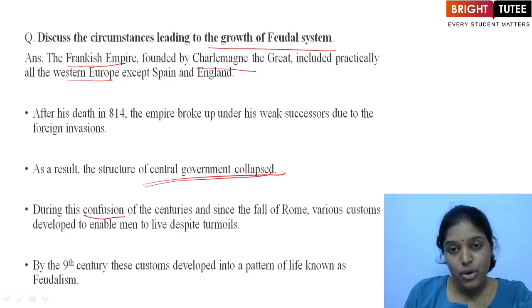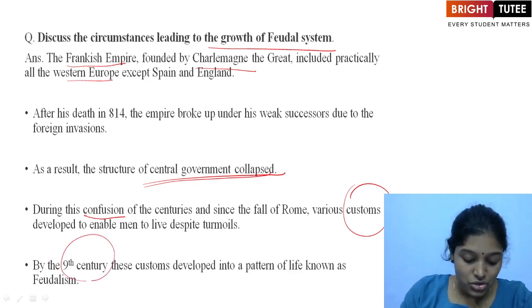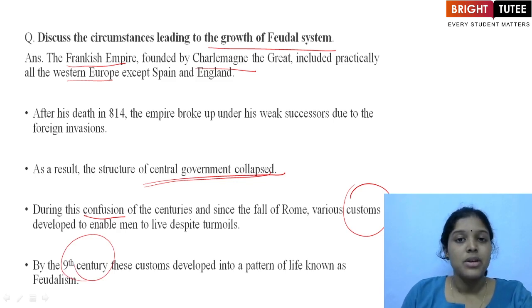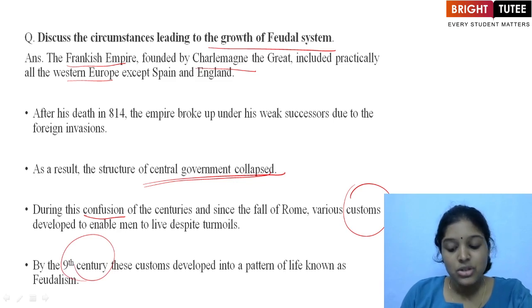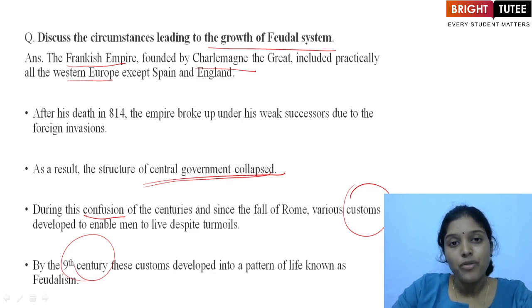And since the fall of Rome, various customs, that is new ways of life, developed in order to let people adjust to these new political changes. And by the 9th century, these customs developed into a pattern of life known as feudalism. So these are the factors which are leading to the growth of feudal system and a new pattern of life.